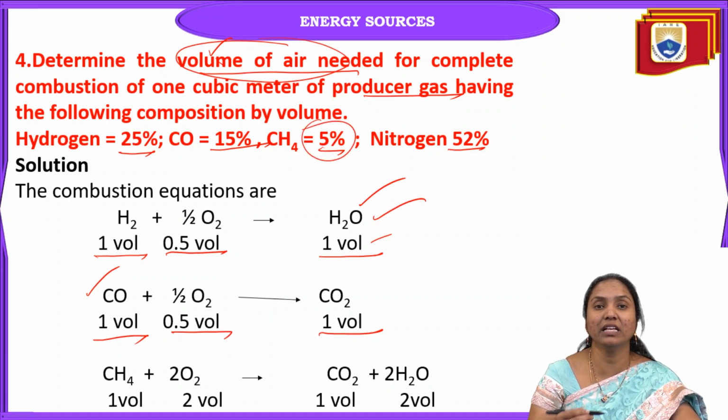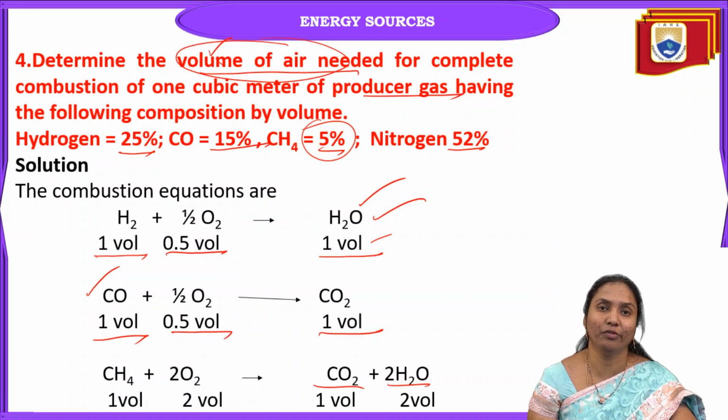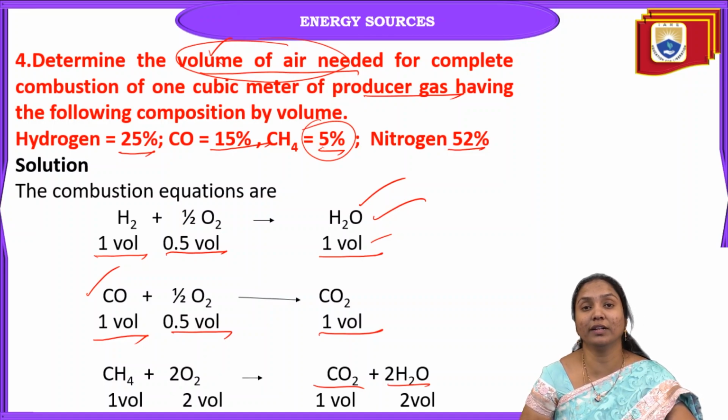Methane reacts with oxygen and forms the combustion products carbon dioxide and water. In that case, 1 volume of methane reacts with 2 volumes of oxygen and forms 1 volume of carbon dioxide and 2 volumes of water. So first write the chemical combustion reactions in volume.